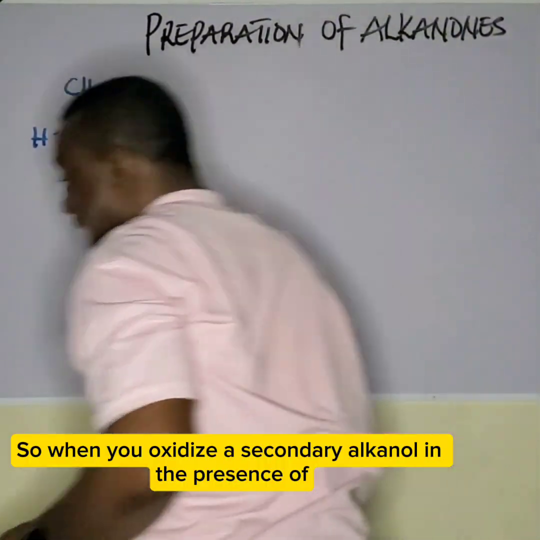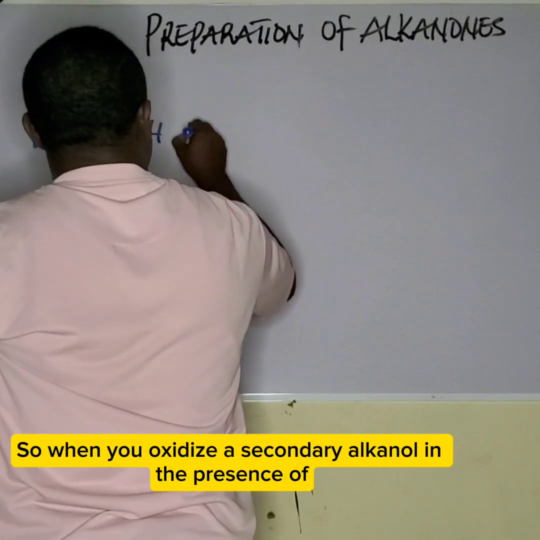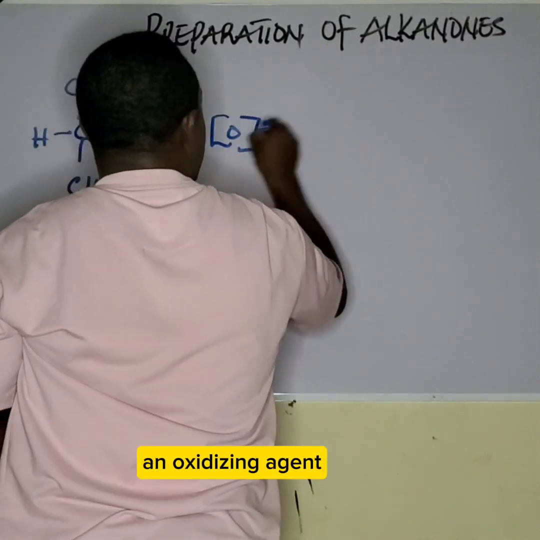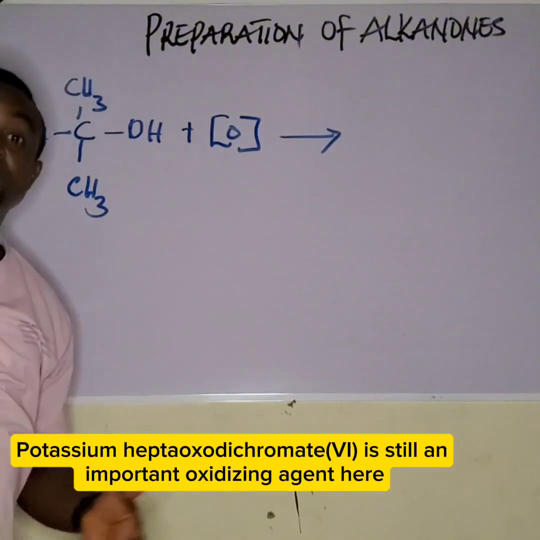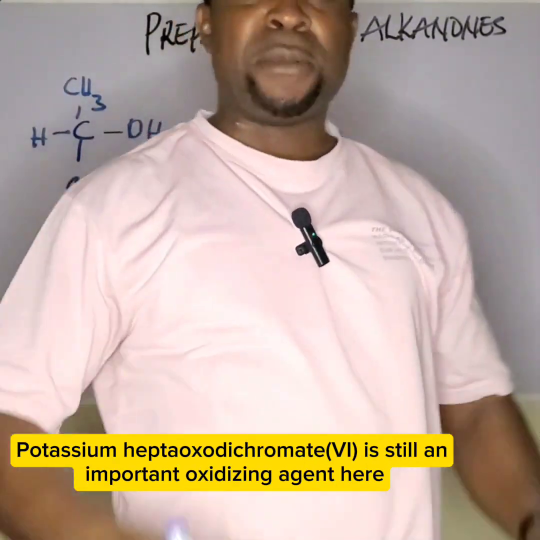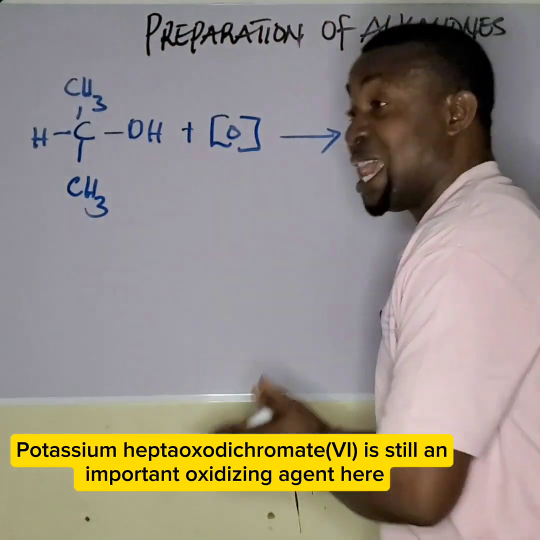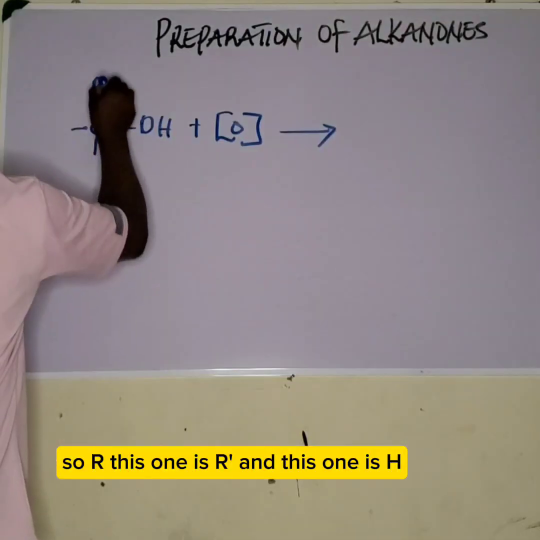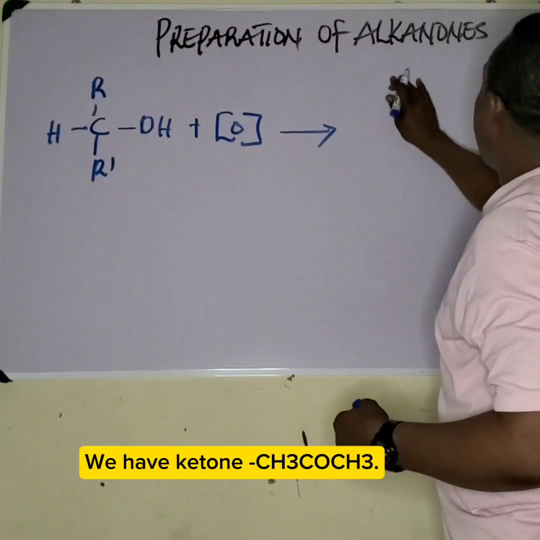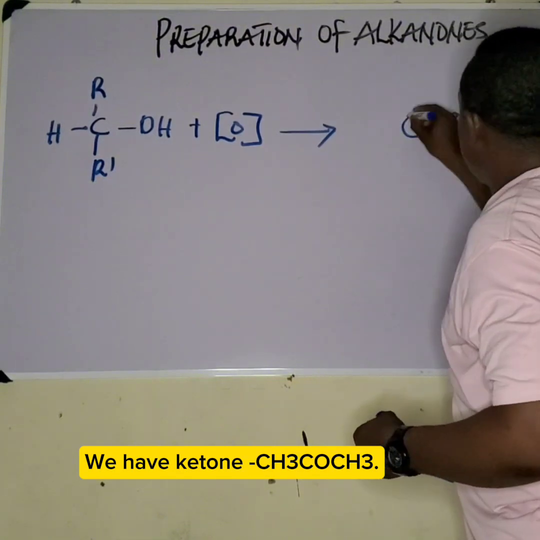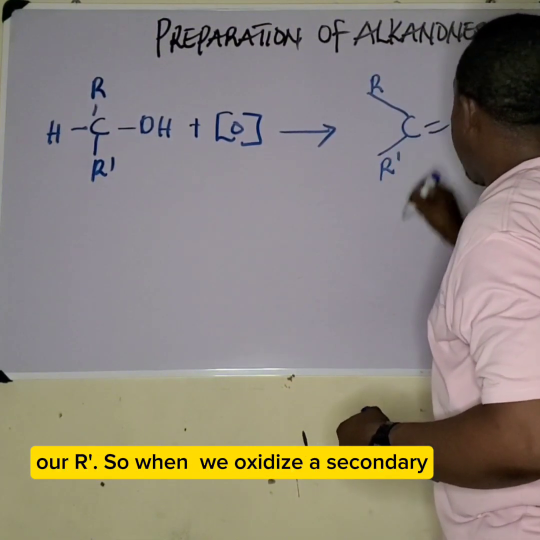So when you oxidize a secondary alkanol in the presence of this oxidizing agent, which all of us know is potassium heptaoxodichromate(VI), it is still an important oxidizing agent here. So we have R, this one is R prime, and this one is H. We are going to have ketones, with the C=O double bond. We have our R here, and we have our R prime here.